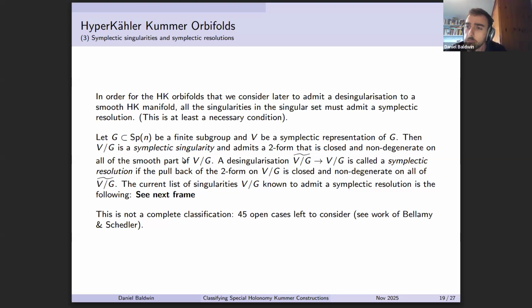Do you know if the orbifold groups are complex reflection or symplectic reflection? I can't remember, sorry, I'm not sure. Okay.